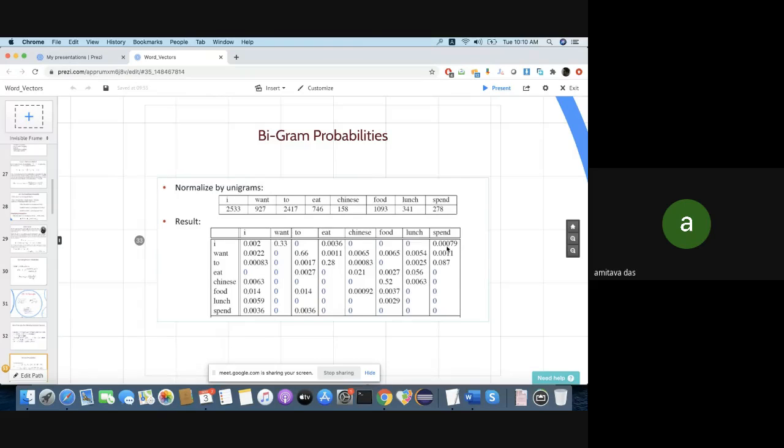We are trying to capture the grammar or the word sequences in the form of probability. This is called bigram probability. The number of rows and columns will expand based on the vocabulary size of a given language.